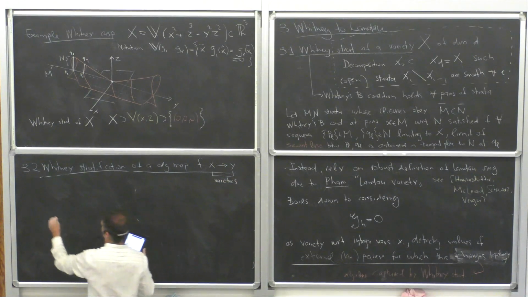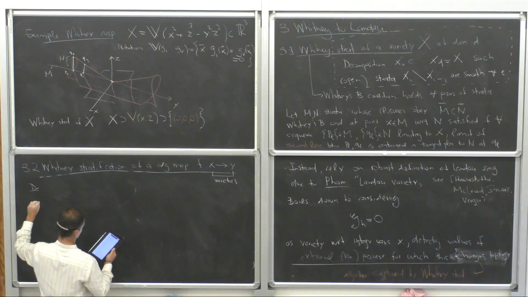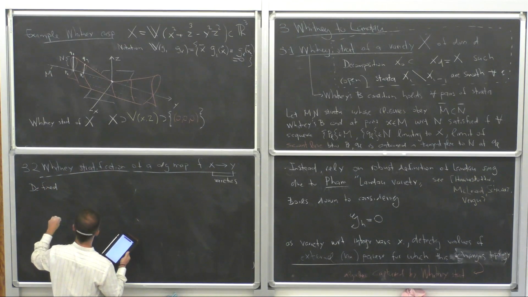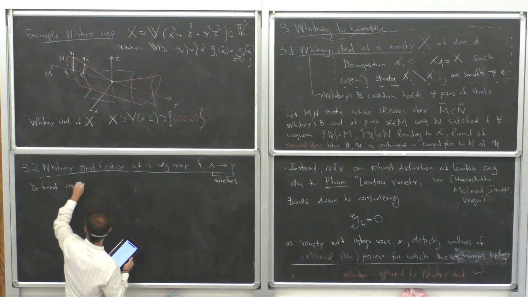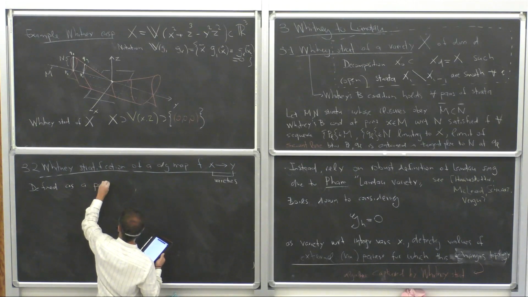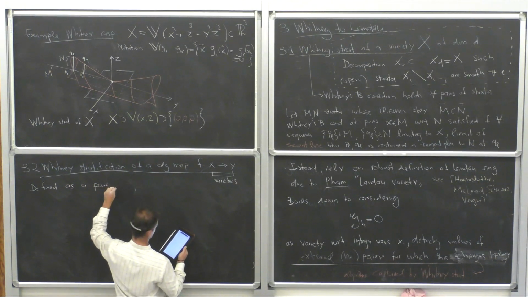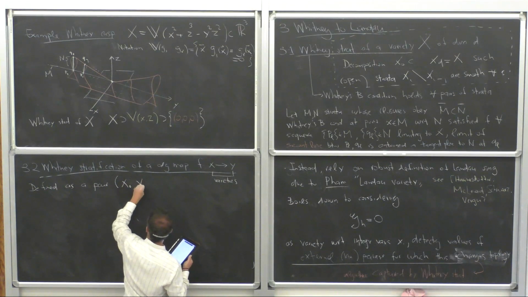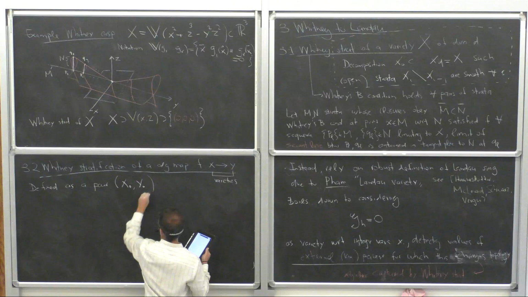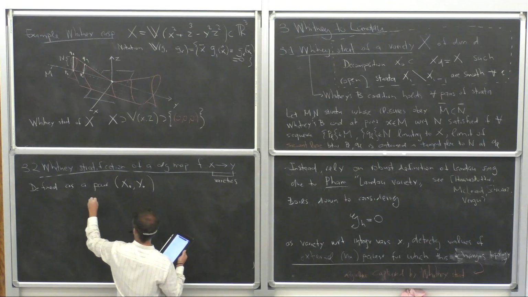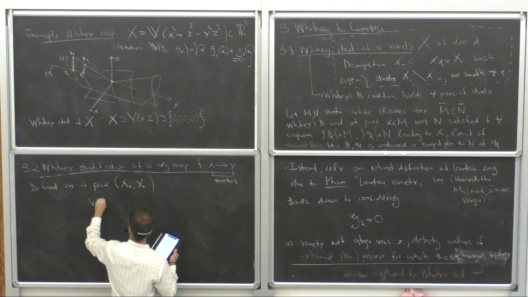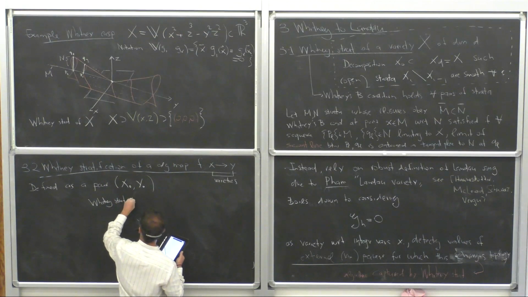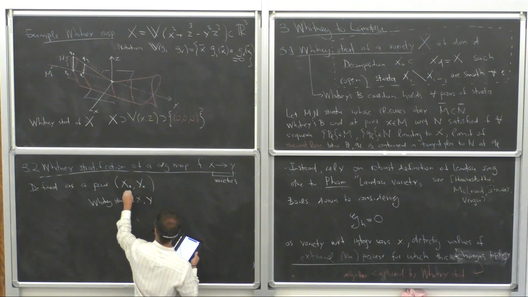And I will skip the details, but it is at least in the first instance defined as a pair of stratifications of varieties. So X, let's call it dot, Y, let's call it dot, where this is a Whitney stratification of X and of Y.